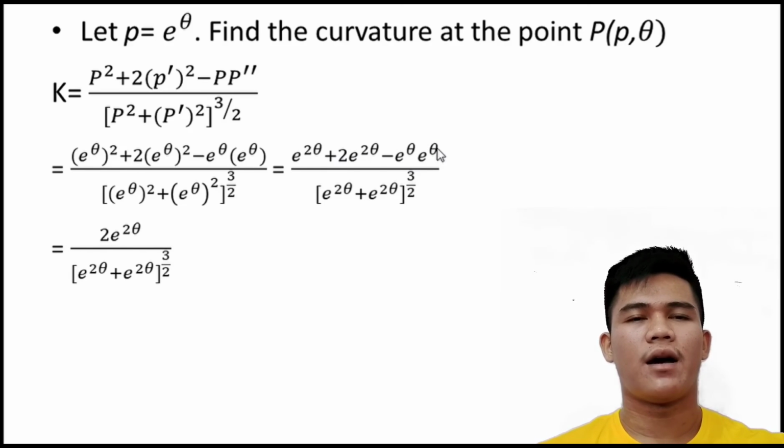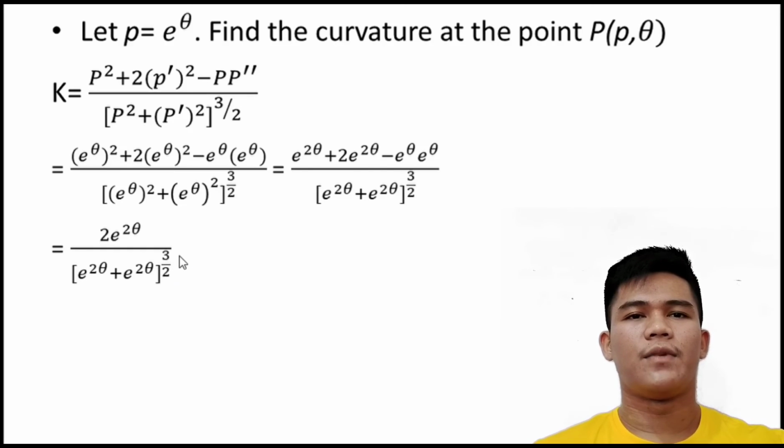Then we subtract the e to the power of 2 theta. This will become 0. So we have 2 e to the power of 2 theta here. Then the denominator is e to the power of 2 theta plus e to the power of 2 theta to the power of 3 over 2.